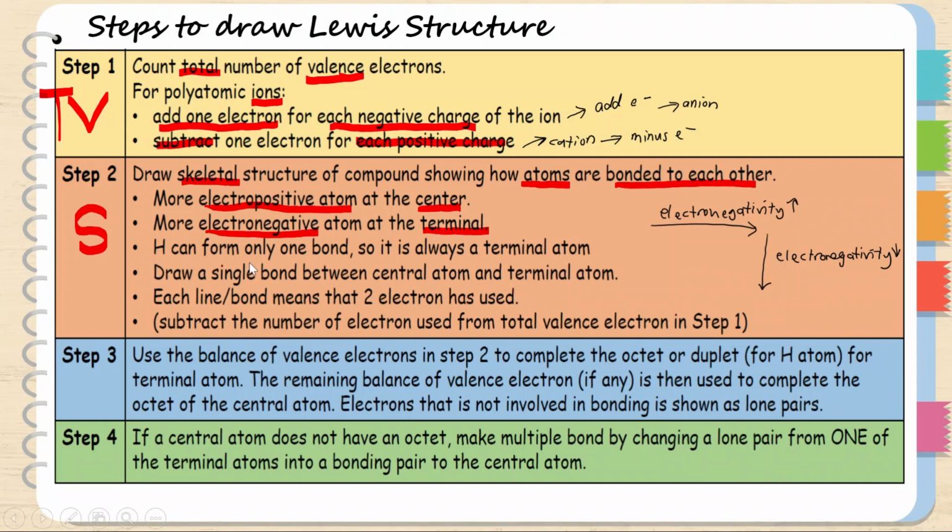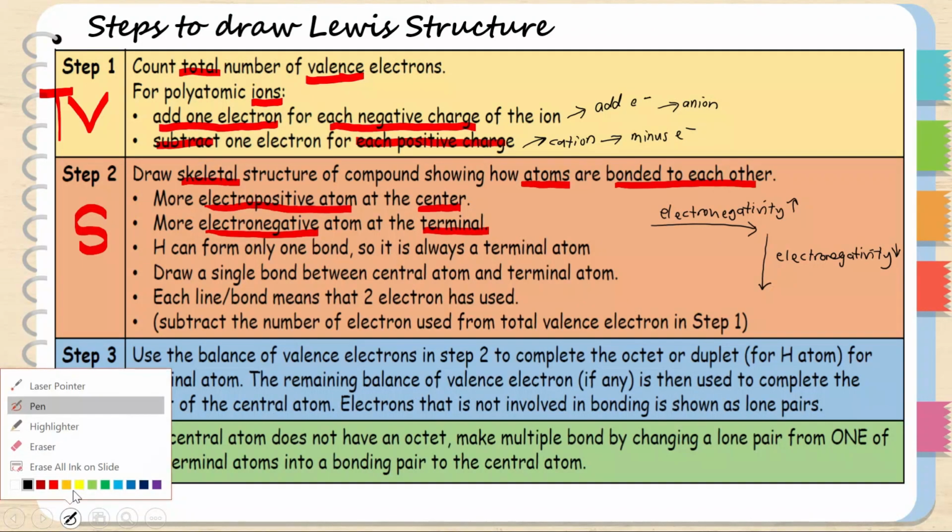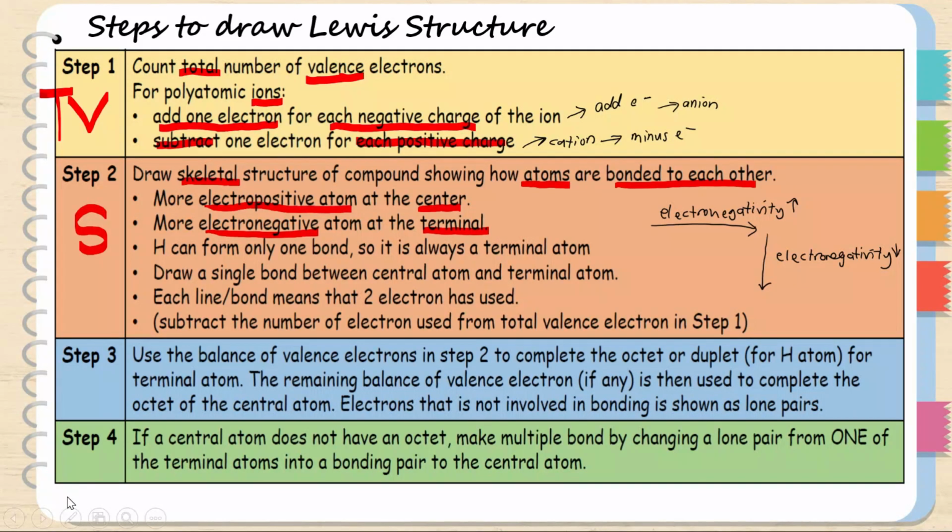But since hydrogen can only form 1 bond, hydrogen is always a terminal atom. Remember that it can never be a central atom.